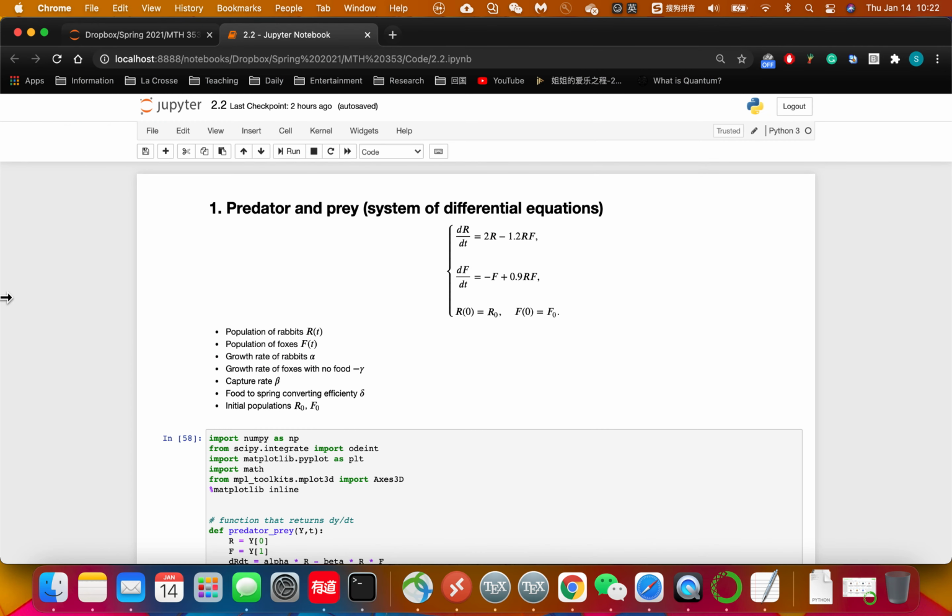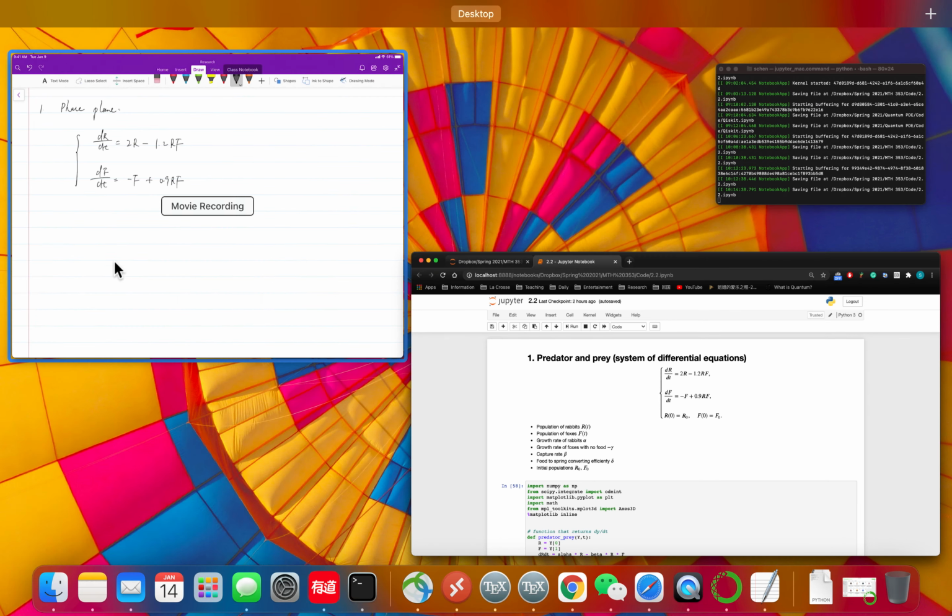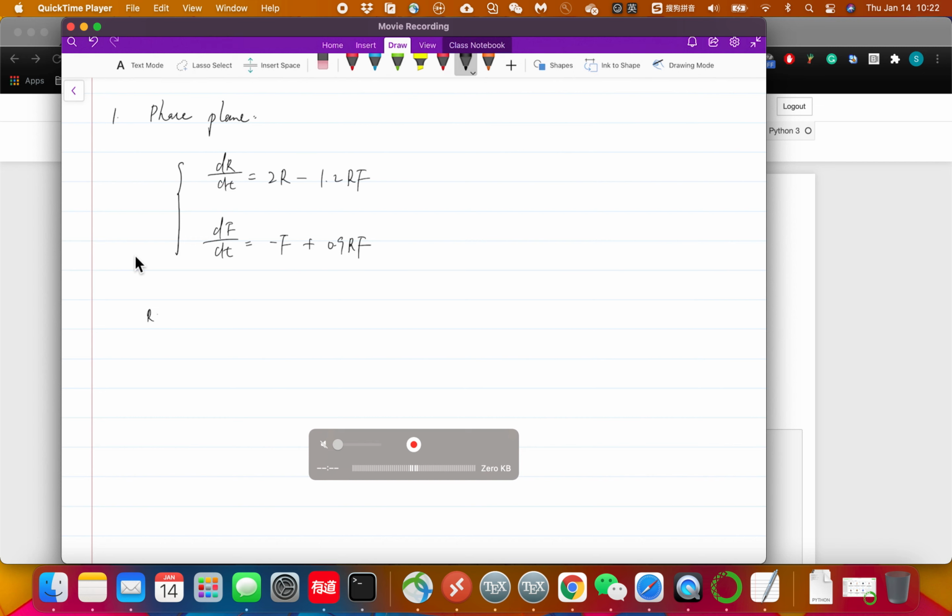So 2r minus 1.2 rf and the negative f plus 0.9 rf. Now, with the experiences before, we can actually pick a lot of numbers about the different r and f. For example, r equals 0, f equals 1.